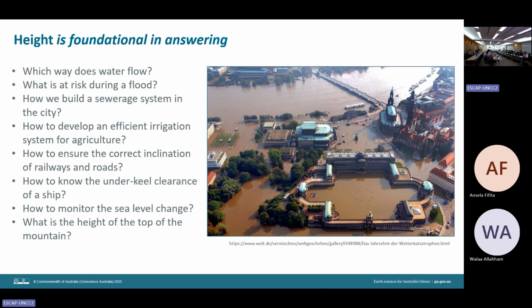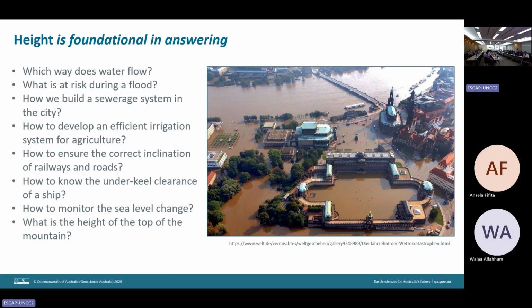So why is height important? I feel like that's probably one of the most foundational and important questions to answer. Well, being able to accurately determine heights to within at least a few centimeters is a critical capability for infrastructure planning, water management, engineering design, and community safety as well.